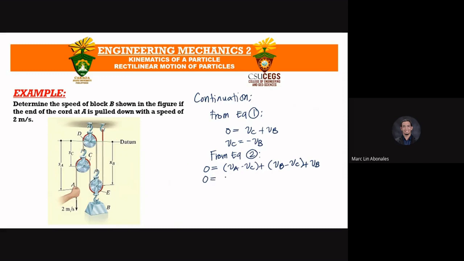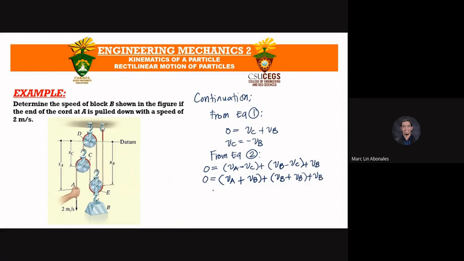Our VC is negative VB, so that is VA minus times the negative VB, so that would be positive VB, plus VB plus VB plus VB.